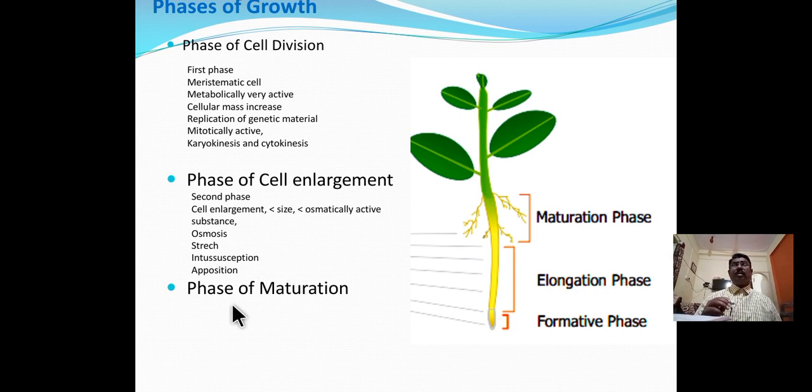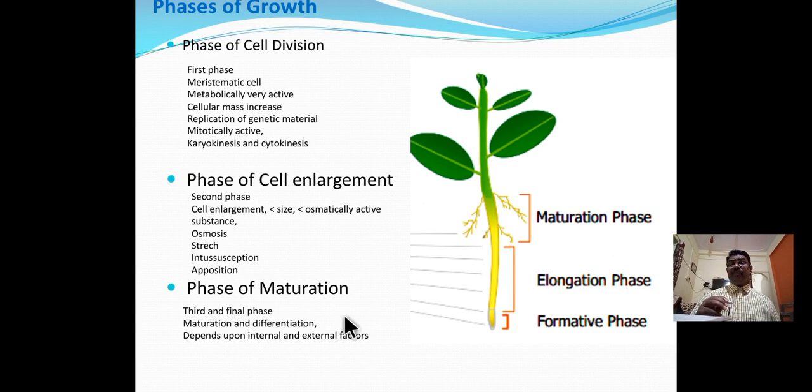The third phase is the phase of maturation. It is the third and final phase of growth. The elongated cells undergo maturation and differentiation to gain their permanent size.